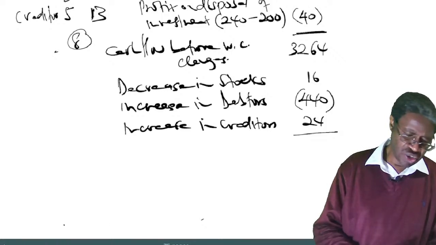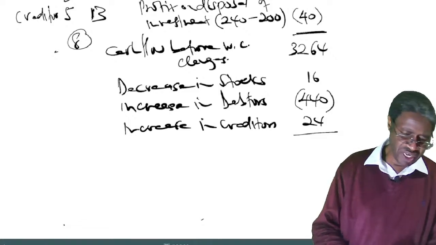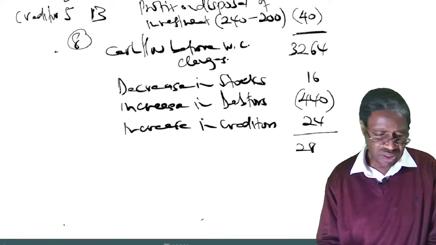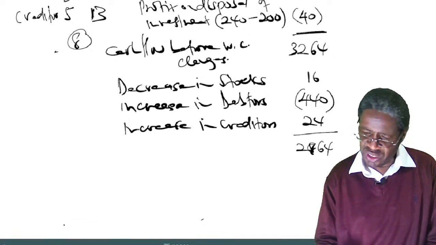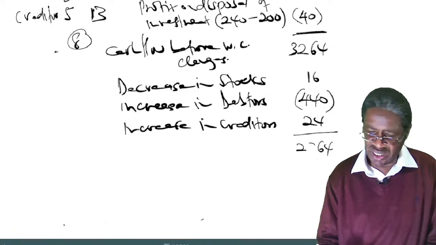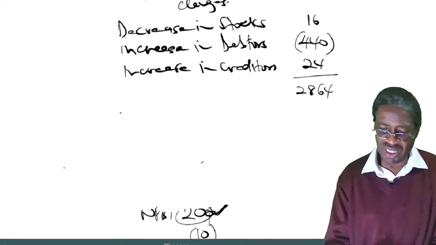Something is wrong. 3264 plus 16 minus 440 plus 24. I was getting a very low figure. Good. Now I think it's correct. It's 2864. That's what I'm now getting. Once I get that, I come and now say tax paid.